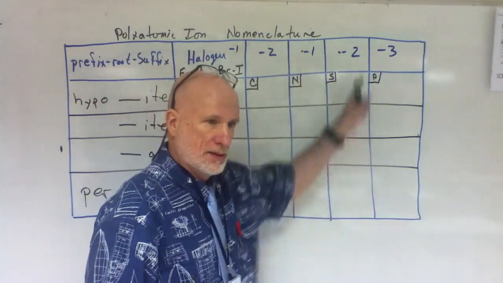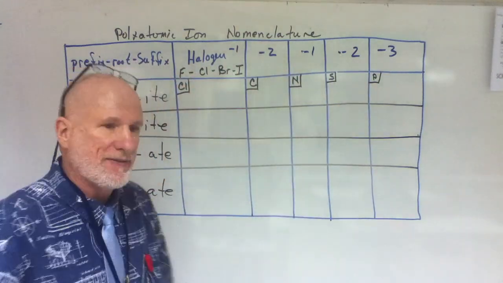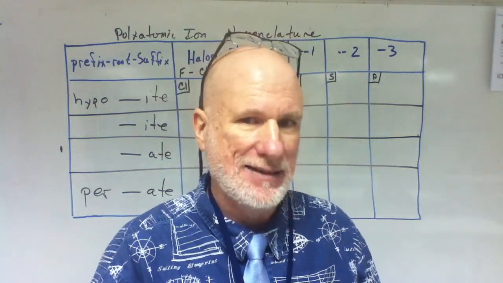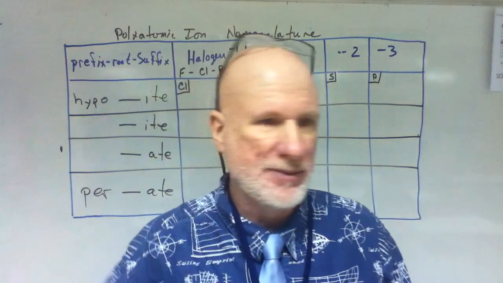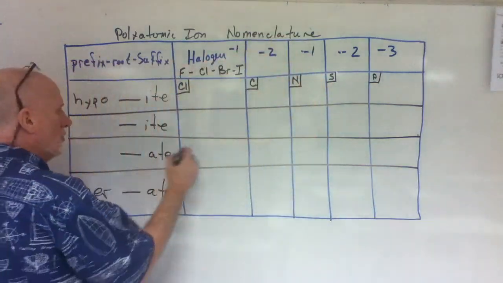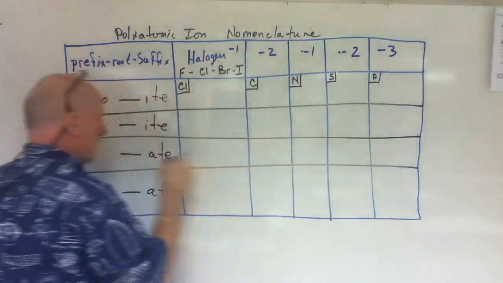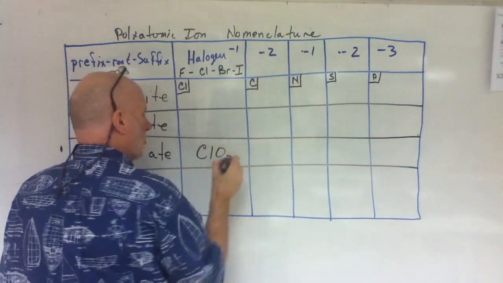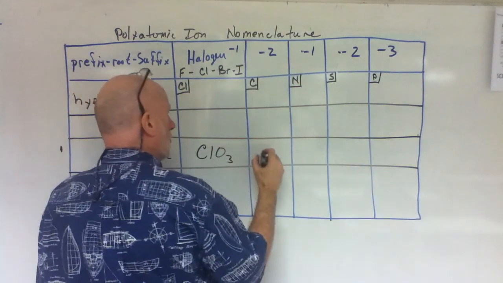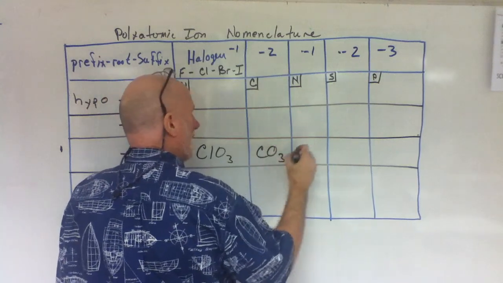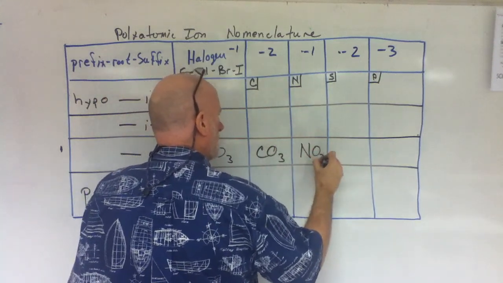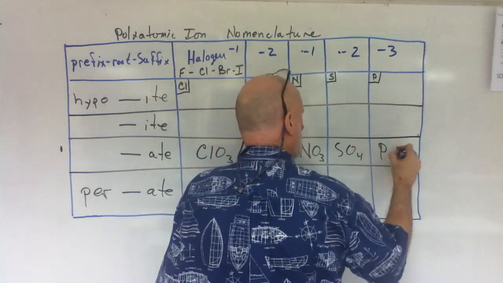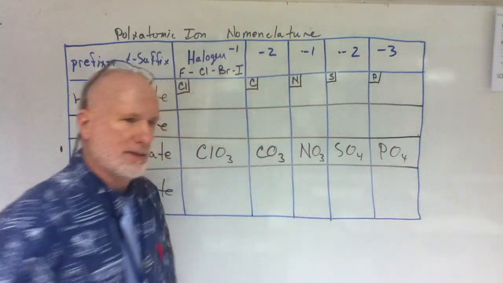So you just have to memorize five polyatomic ions, and I did that with your class, and they did it. It was easy. You do the ate: chlorate, carbonate, nitrate, sulfate, and phosphate.